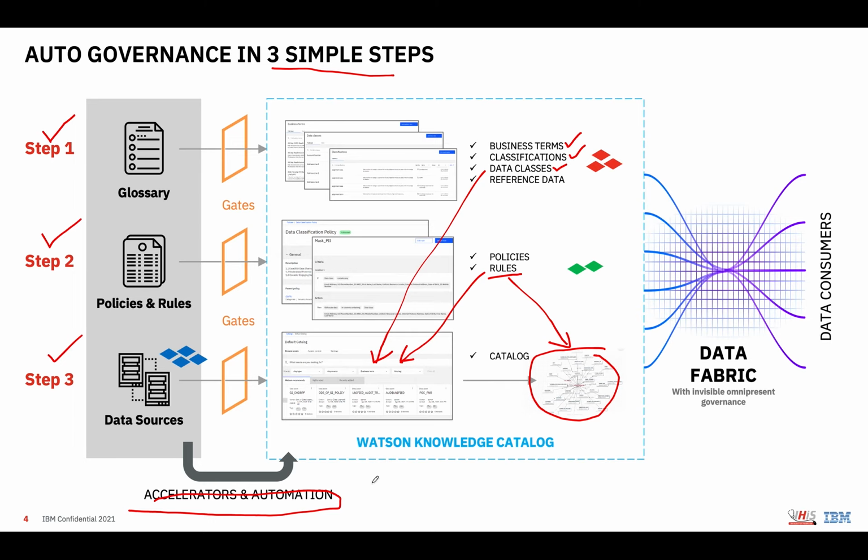Cloud Pak for Data achieves this by making available pre-built industry accelerators of various glossaries and artifacts, and by automating this entire process with the aid of APIs from step 1 to step 3 in a hands-free manner, resulting in the realization of the data fabric that we talked about earlier. Now let us go into the demo and look at it in detail.